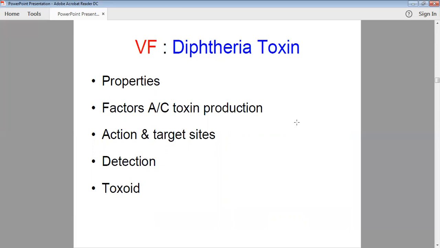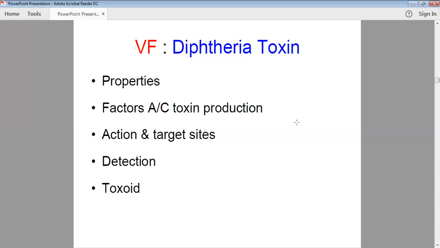So what is the toxin? It is known as diphtheria toxin. Its property: it is an exotoxin. Gram-positive bacteria only produce exotoxin. It is protein in nature, and has two units, A and B. B is for binding, A is for enzymatic action. Binding is very important for the target site, and it depends on the receptor.